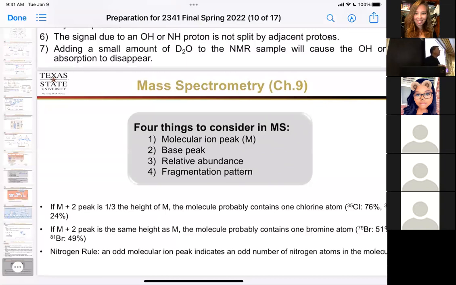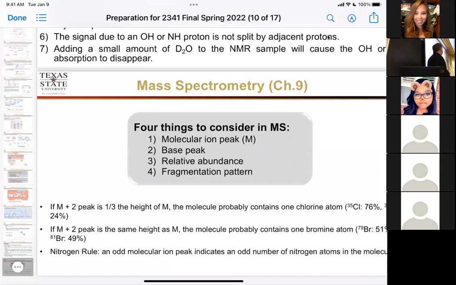Okay. But we also have 3 advantages in here as well. Number 1, the nitrogen rule. If you have an odd molecular weight, it probably has an odd number of nitrogens in it. Then we have the 2 big isotope peaks, which are the bromine, which is 50-50, 1-to-1, almost, and the chlorine, which is 3-to-1.